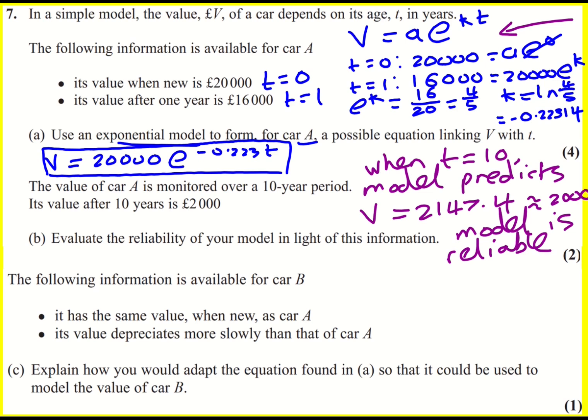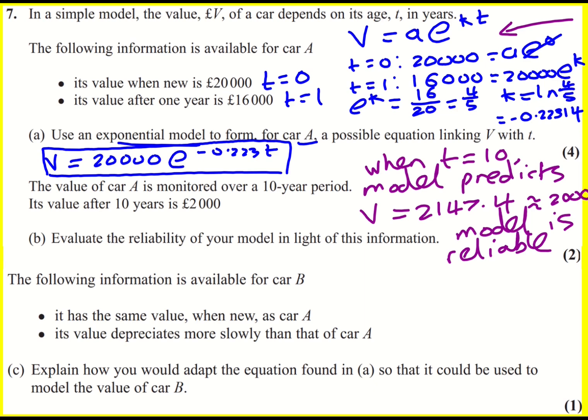Whether it will continue to be reliable, we can't say for sure, but we had the starting amount, we've got the 10 years later, and it's pretty close. Originally, I said it's correct to one significant figure. I don't feel that really is justifying it well enough, but yeah, you could add something like that.